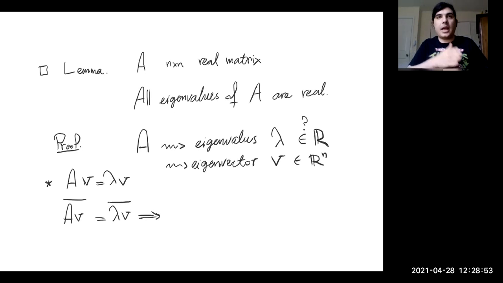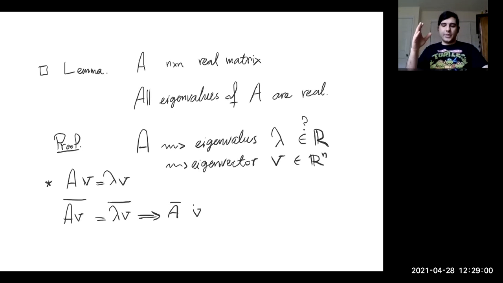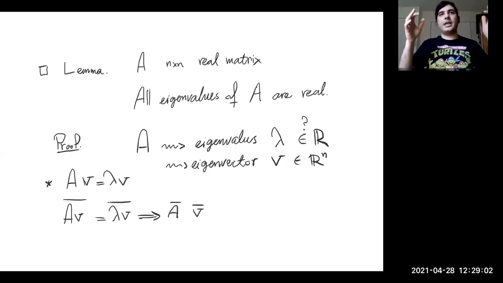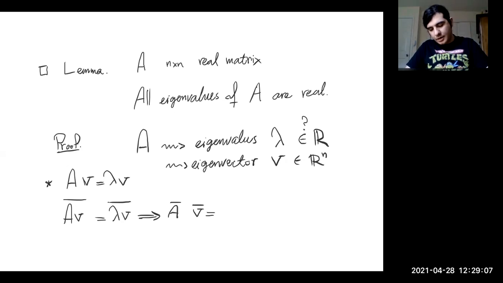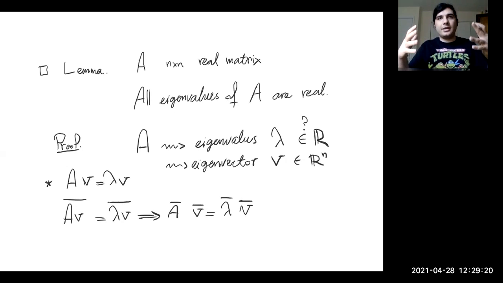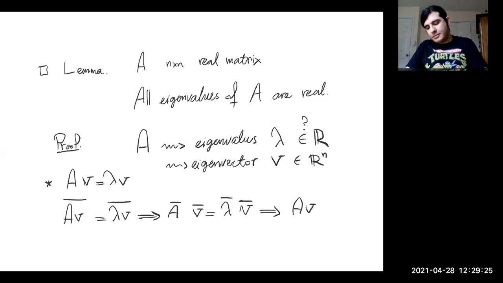And the complex conjugate of AV is equal to the complex conjugate of A times the complex conjugate of V. It means we are taking the complex conjugate of every entry in the matrix or vector. This equals the complex conjugate of lambda times the complex conjugate of V. Now, the point is that A and V are real. Every element there is real, so this is equal to AV. The complex conjugate of a real number is itself.